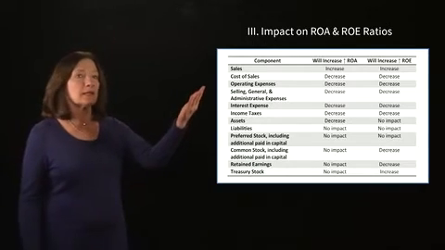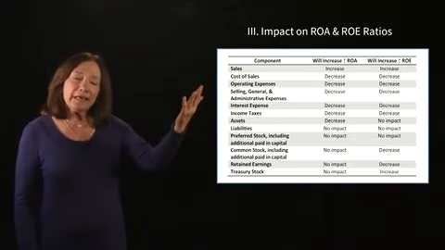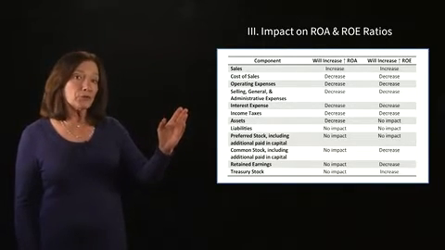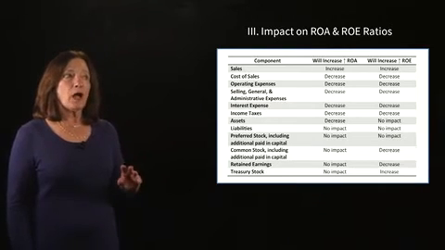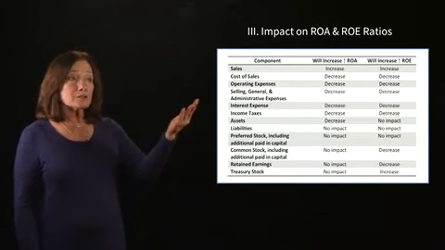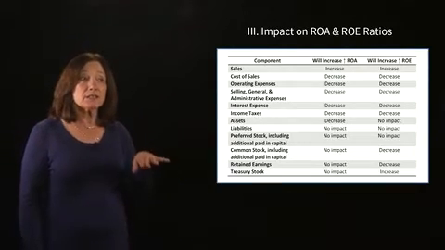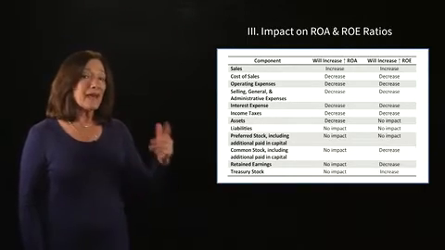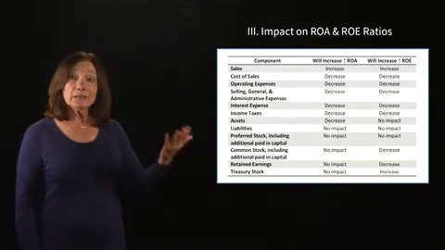So let's start with sales. If sales increase, then both your ROA and your ROE will increase as well. Now, cost of sales has an opposite effect. If we have a decrease in our cost of sales, that will in turn increase the ROA and the ROE.